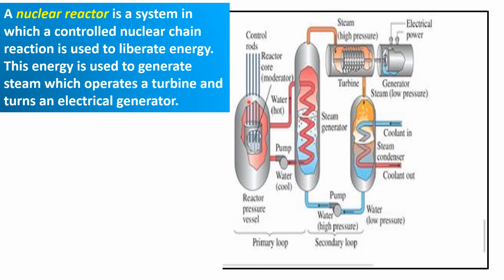In here, which represents what we call the primary loop, we have the reactor core, that is where the fuel, which is uranium, of course, uranium-235, will undergo the fission reaction.